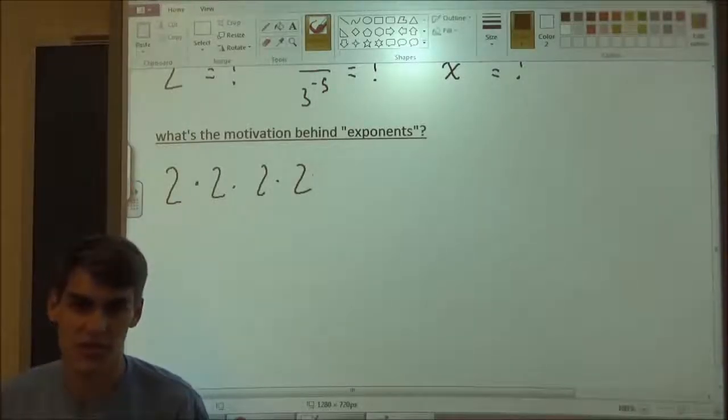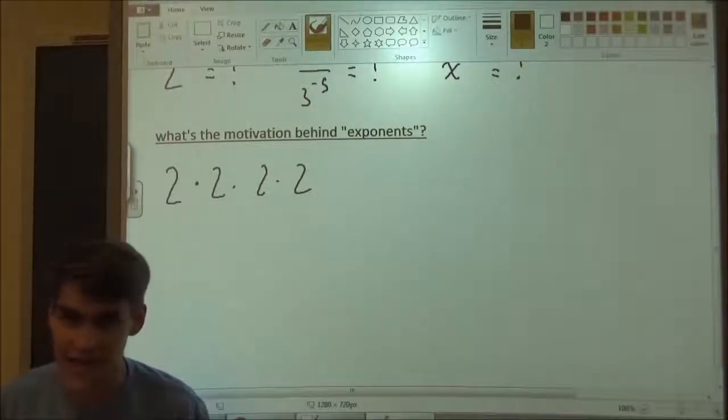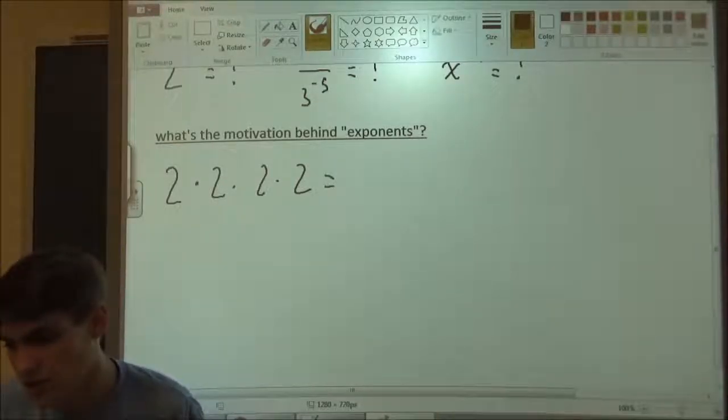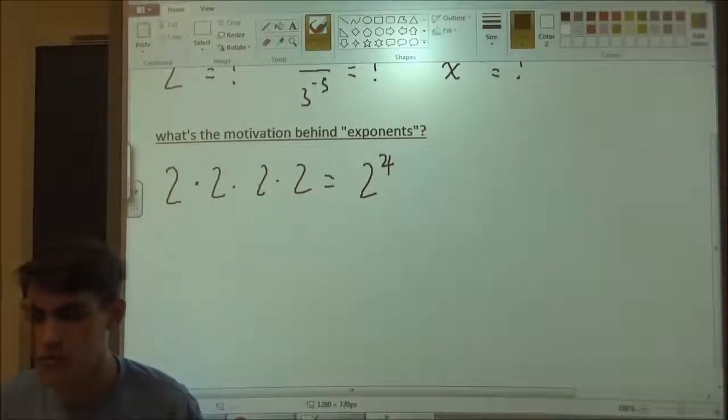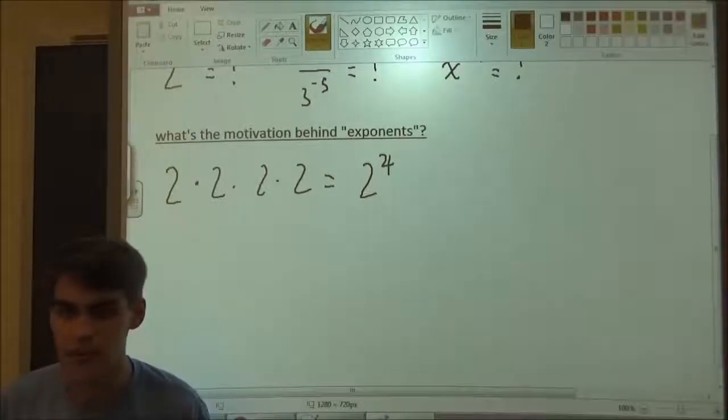Imagine you're in class and you keep having to write that down, and it's a pain, and it's written homework your teacher wants you to hand in. So you're like, good thing I know that 2 times itself 4 times is the same thing as raising 2 to the power of 4, right?